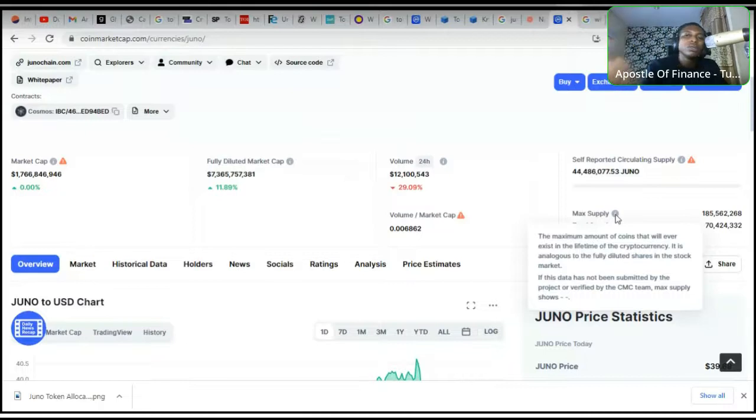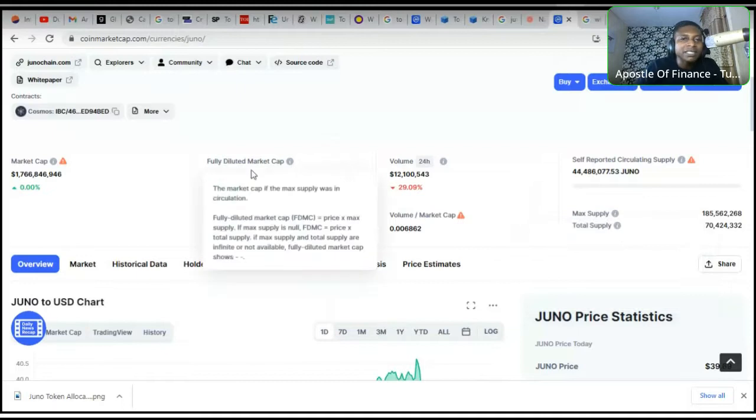Now, the max supply times the current price gives us the fully diluted market cap, which means the current price times the maximum supply that will ever exist.